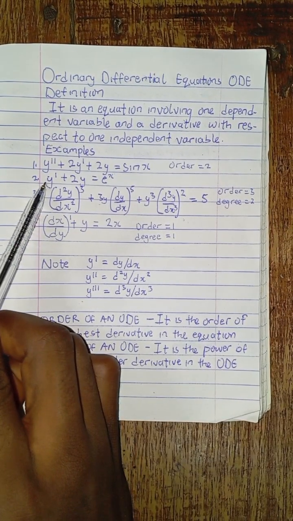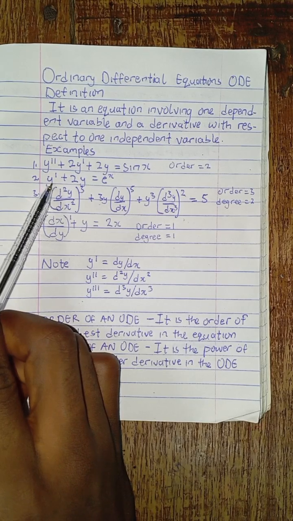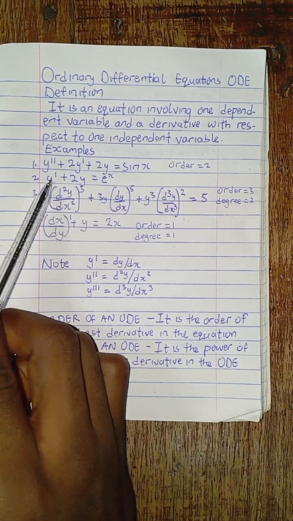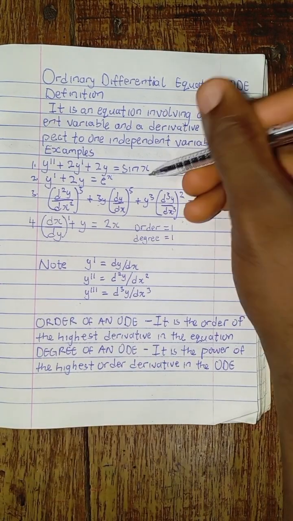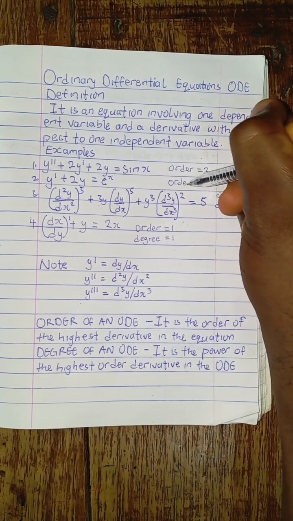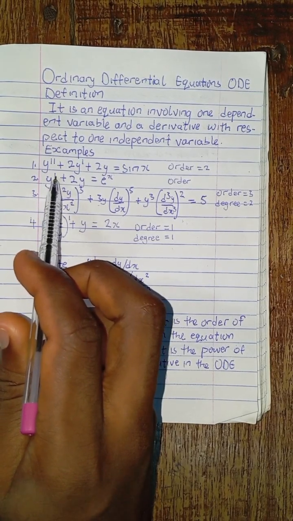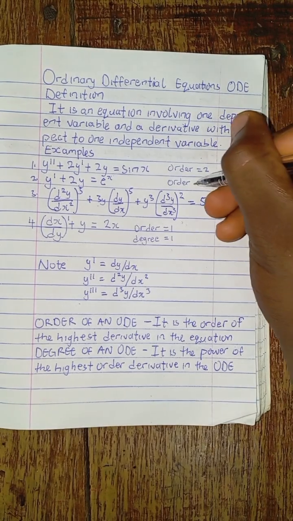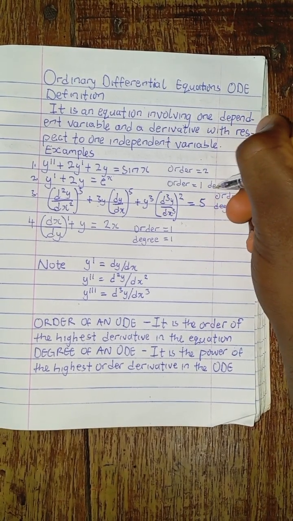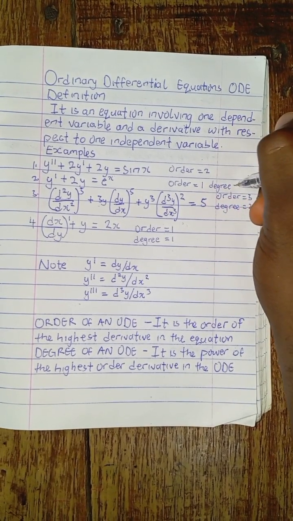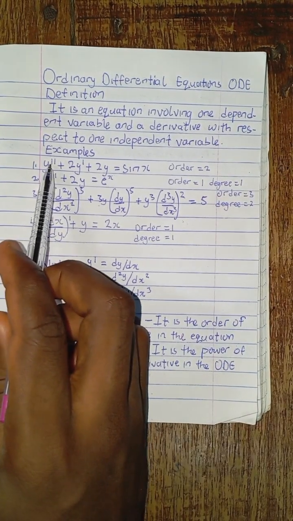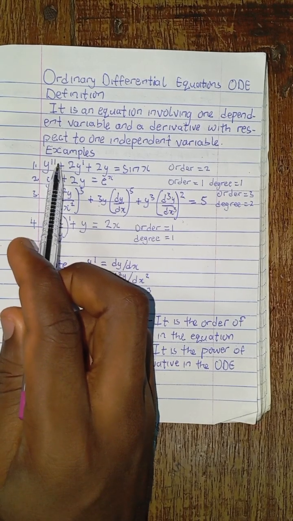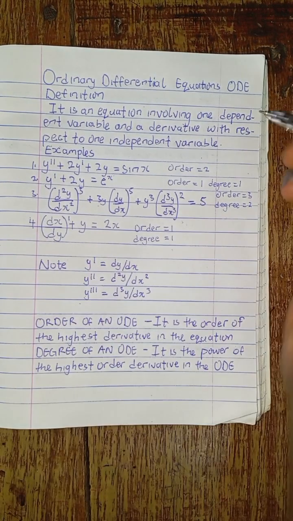In equation 2, we have y prime plus 2y is equal to exponential x. The order is 1, and this is actually raised to power 1. There's an invisible one outside. So the degree is 1. From this one also, the order is 2, and the degree is 1.